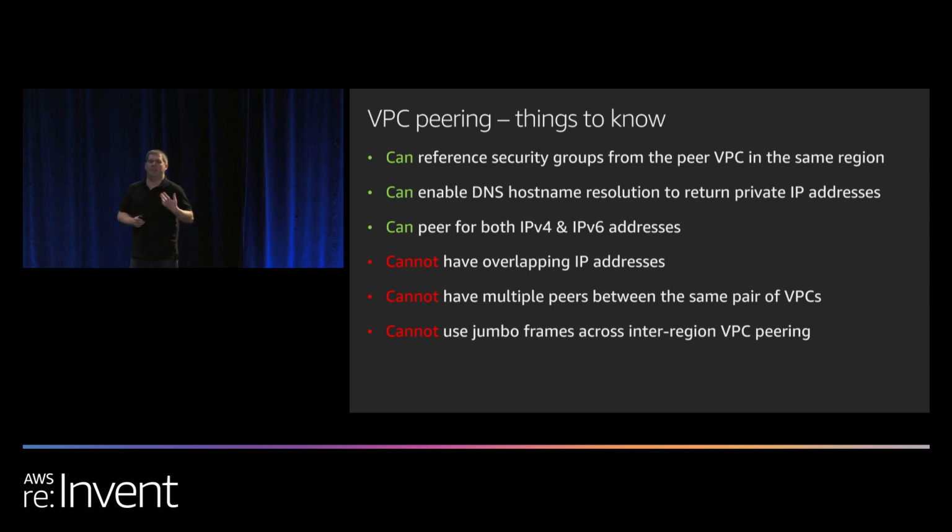So think wisely about the IP addresses that you assign to your VPC, whether you're going to choose them from the RFC 1918 ranges or from another block of IP addresses that you're choosing to use within your virtual private cloud. You can't peer two VPCs together multiple times. You only create a single peering connection between those two VPCs. And from a jumbo frames perspective, this is supported across VPC peering. This is not supported across VPC peering when you're going across regions. It's supported within the same region.